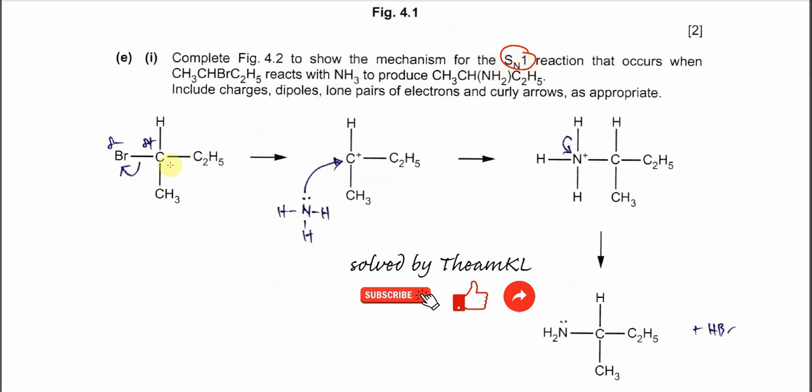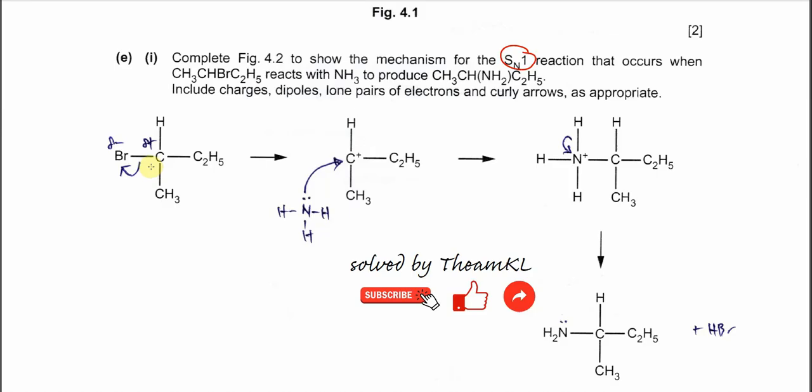So we must make sure the C-Br bond breaks in this step. First you need to put the dipole, partial negative on bromine, partial positive on carbon, and you must draw one arrow from the C-Br bond, and the arrow must point to the bromine. It shows that these electrons move to the bromine and it will form bromide.